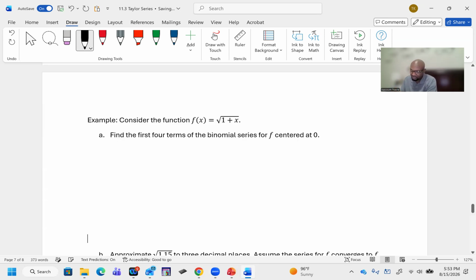So now let's use the formula, okay? Again, in this case, p is what? P is equal to 1/2.